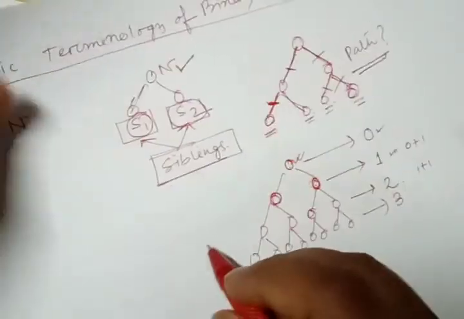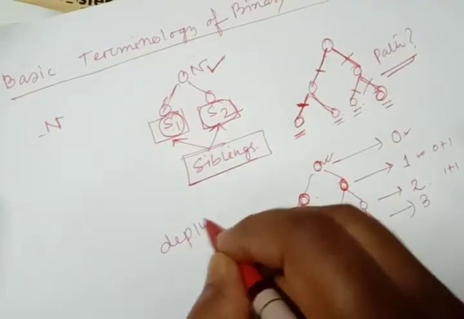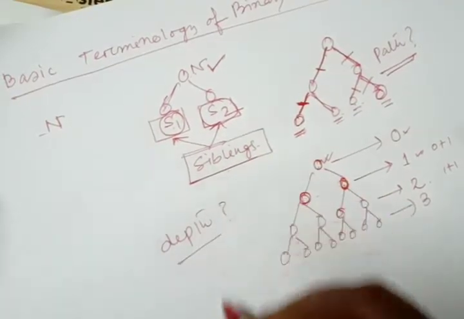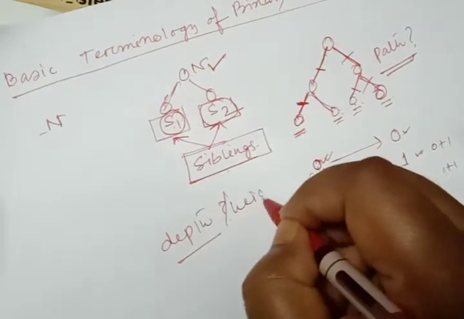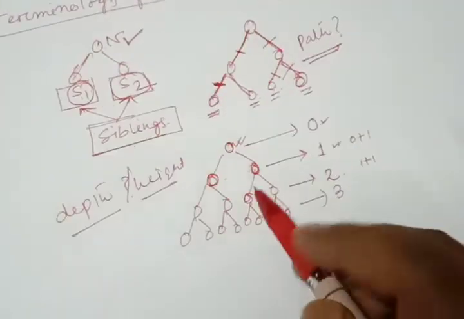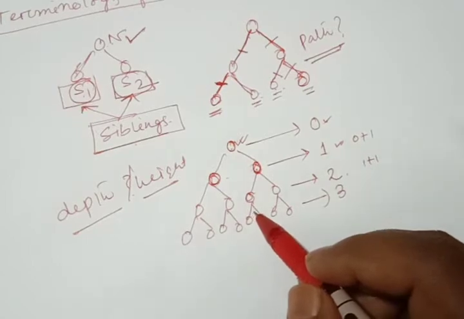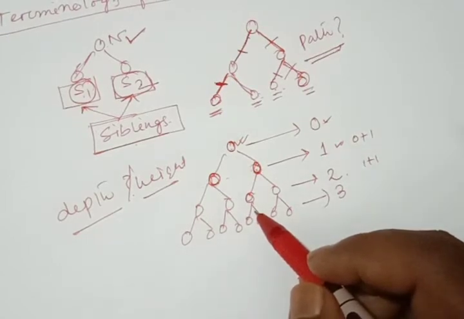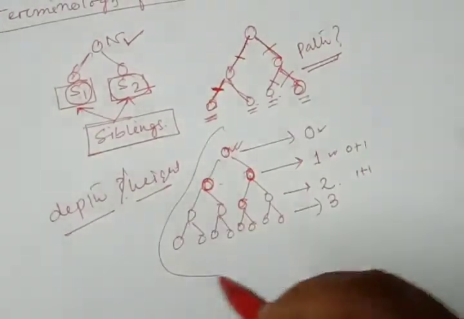Now there are two important terms. There is the depth or height of a tree. The depth or height of a tree is the maximum number of nodes in a branch of a tree. So this turns out to be one more than the largest label number of the tree. Suppose, what is the depth of this tree?